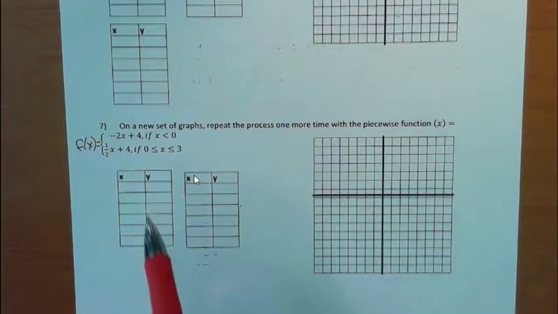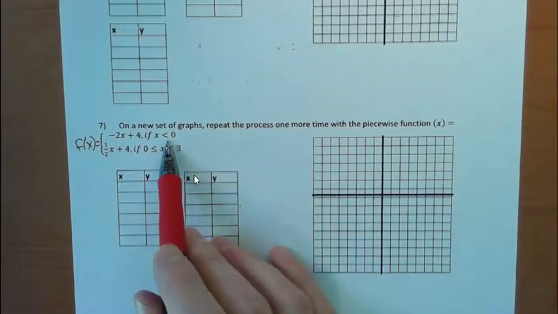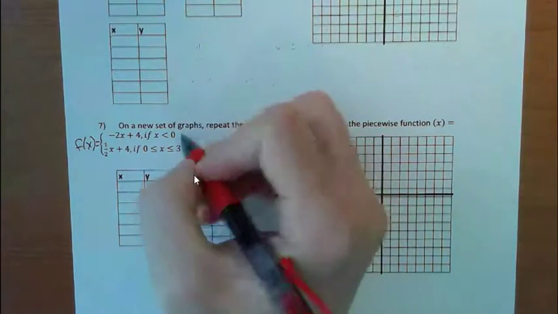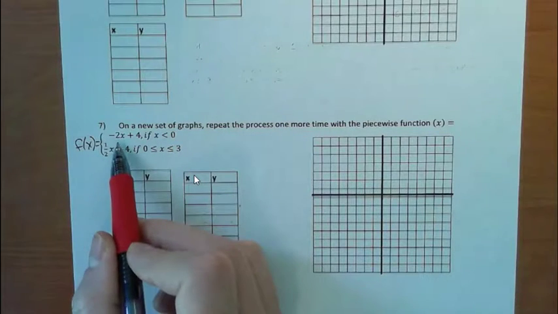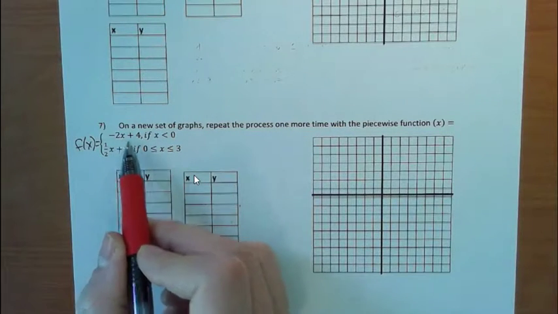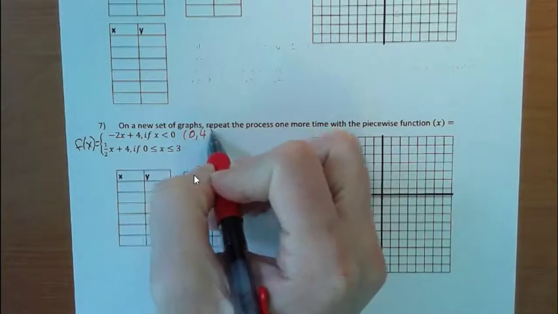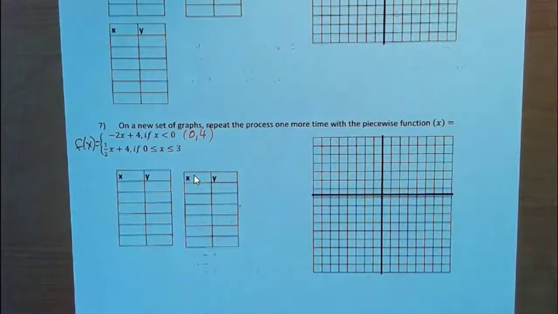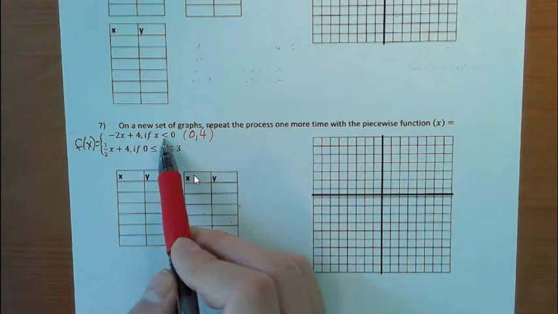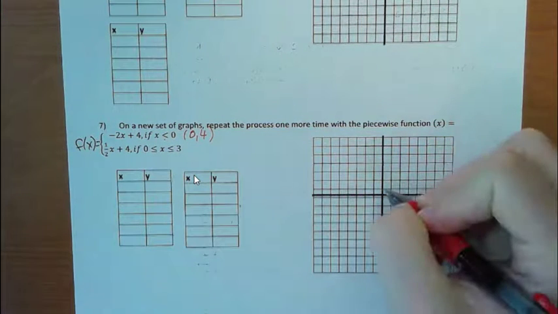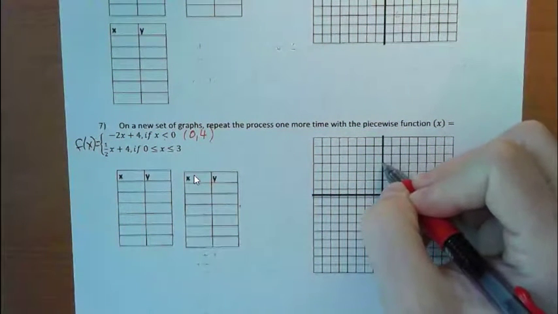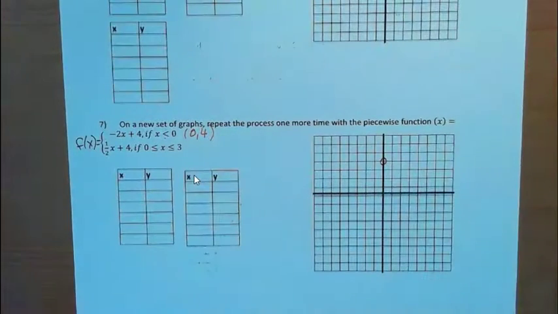We have negative 2x plus 4 when x is less than 0. If I put a 0 into x, negative 2 times 0 is 0 plus 4 is 4. So I have the point (0, 4), and that's going to be an open circle because of that less than sign.